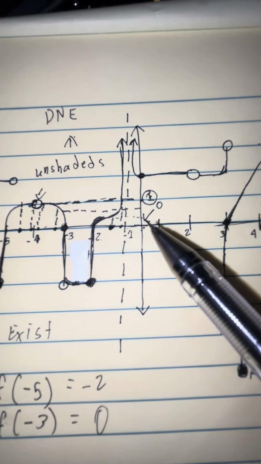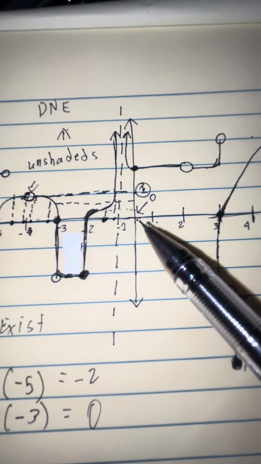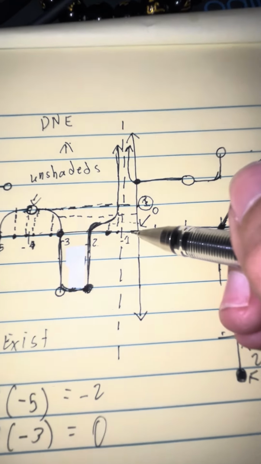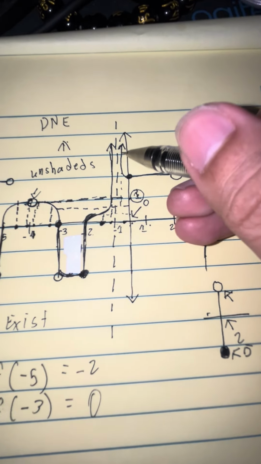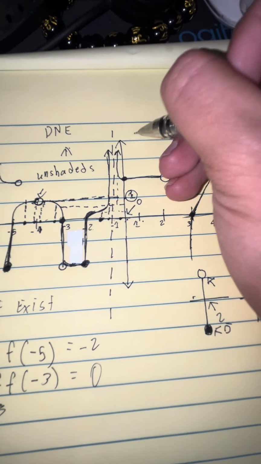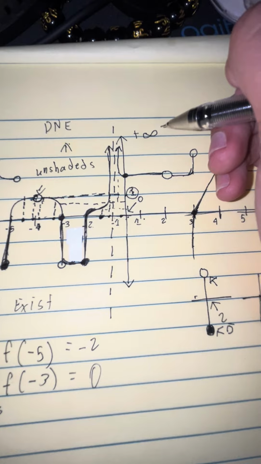Now let's go from the right side. -1 from the right side. Now let's go here, same process. We go here, up, up, up, up, up, and this also has an arrow. So that means that both of these are positive infinity.